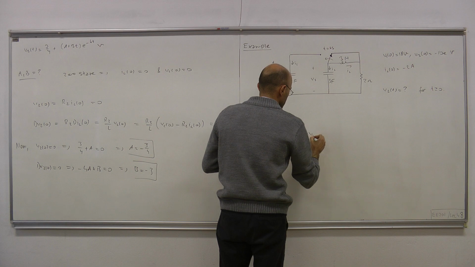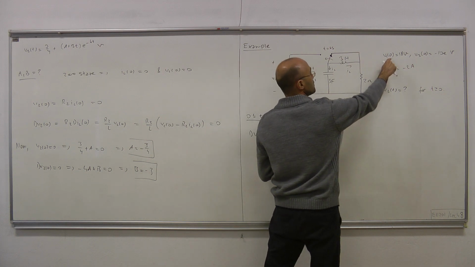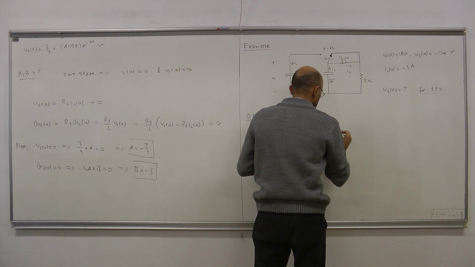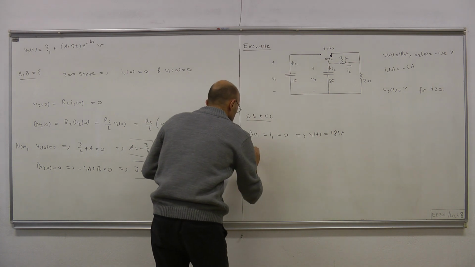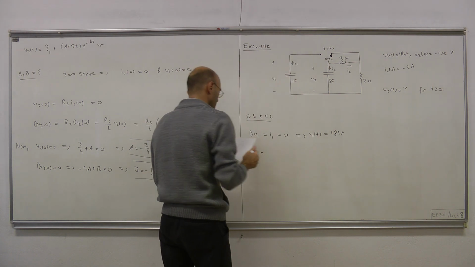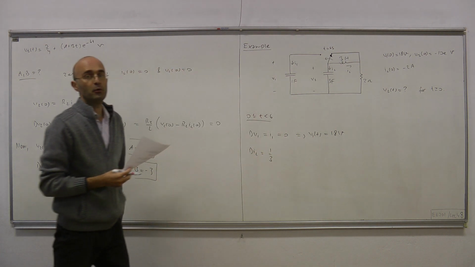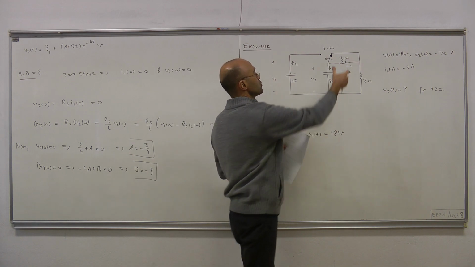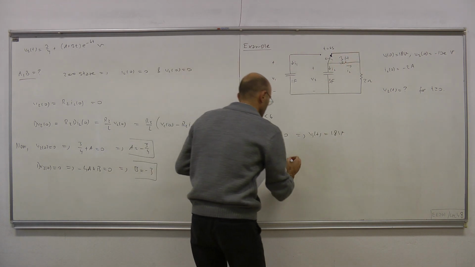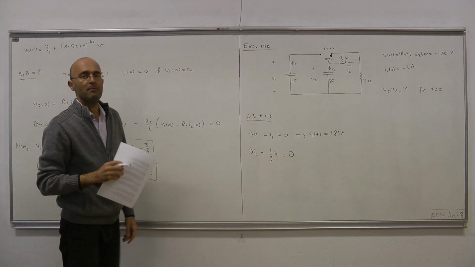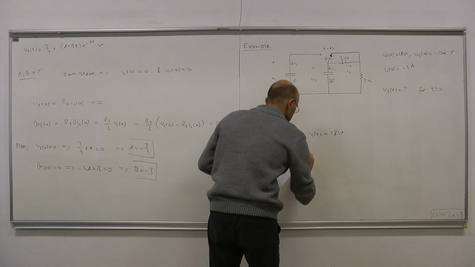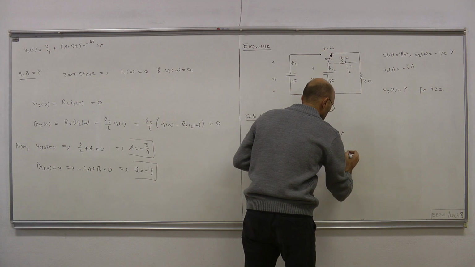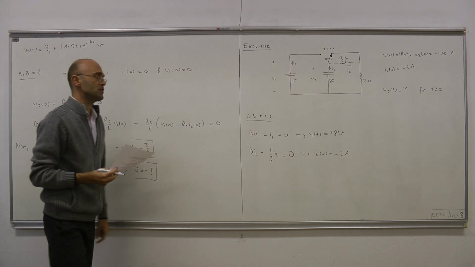So that means V1(t) equals V1(0) until the switch changes position. dIL equals 1 over L times VL. This is short circuit, therefore VL is 0. That means dIL is 0. That means IL is constant. IL(t) must equal IL(0) until the switch changes position.